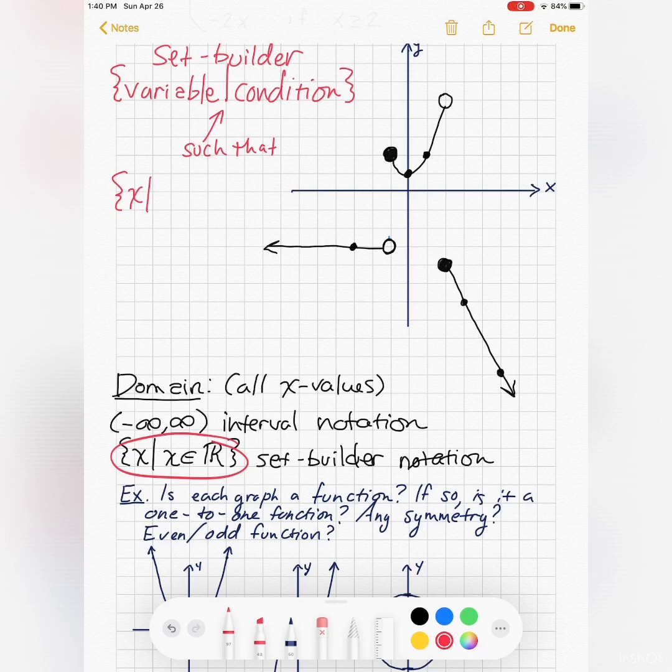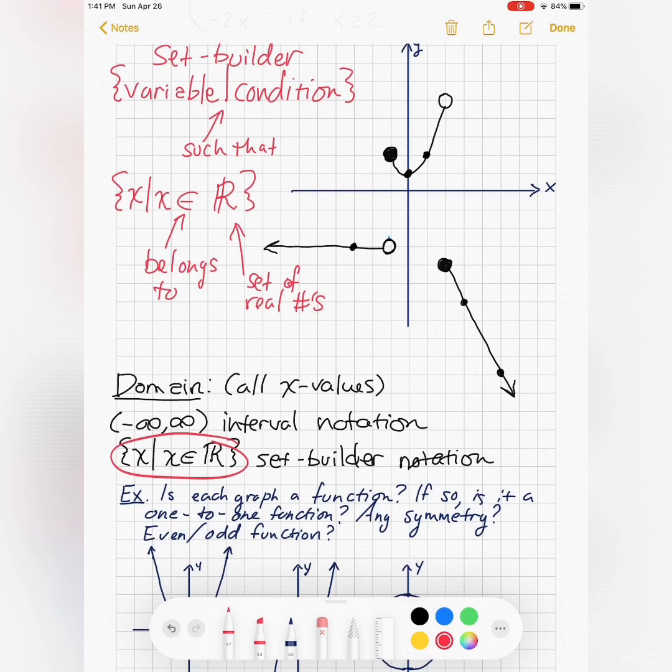And then I said where, such that x, this means belongs to. So x belongs to the set of real numbers. So I use R for real numbers, and then the double line here makes it a set. So this just says x belongs to the set of real numbers.